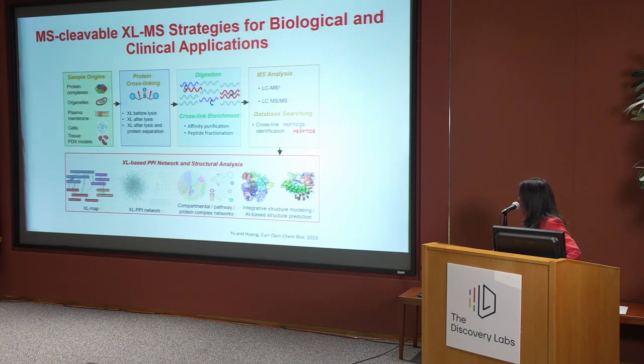All these different types of samples can be analyzed by cross-linking mass spectrometry, and the information generated allows us to generate two-dimensional cross-link maps with site-specific information, and to determine the interaction interfaces, and generate the global view as well as the compartment view and the pathway view of the interactions.